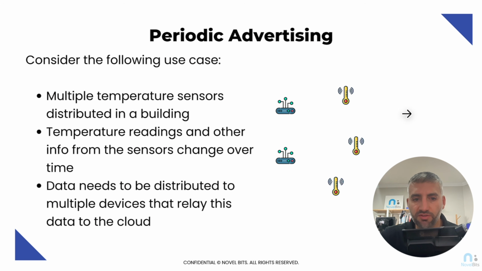And this data needs to be distributed to multiple devices. So imagine that we have different kinds of readers that are distributed throughout the space, and they all need to read from all the temperature sensors and so on.